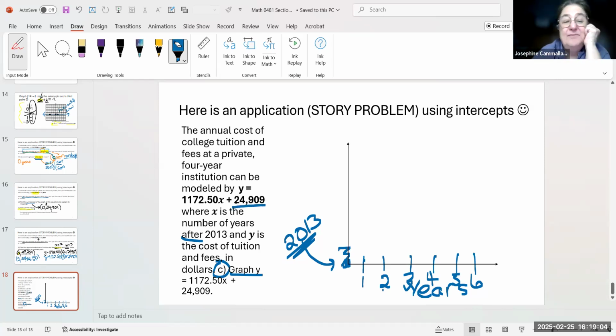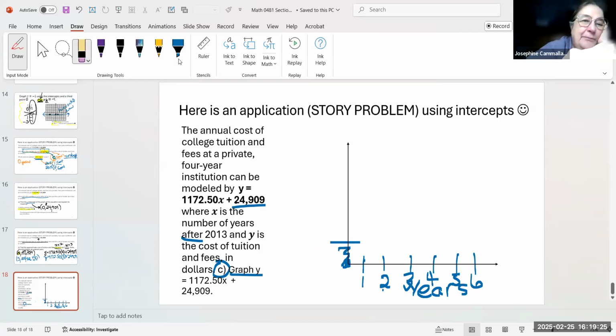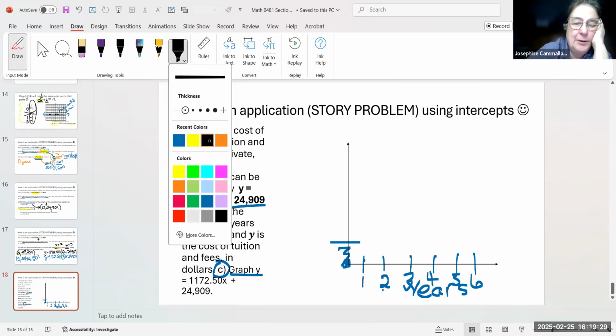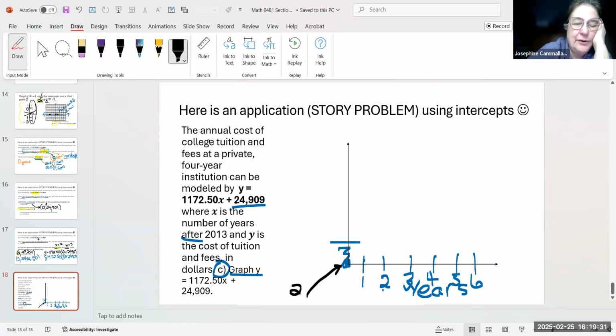Well, first off, this happens to say 24,909. I'm going to start here, and because my pen is a little big here, I'm going to make this 2013 so you see.